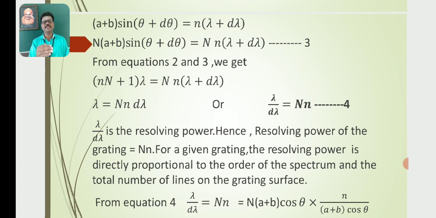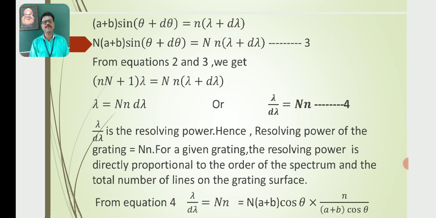So from equation 4, we conclude that the resolving power of the grating is directly proportional to the number of slits, that is, the number of lines on the surface of the grating.